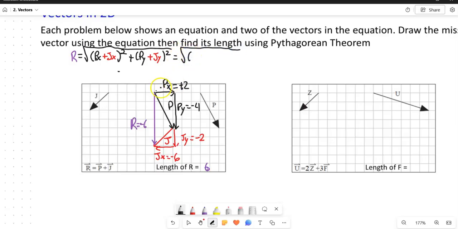the px vector is +2, but the jx vector is -2. I don't know why I put a 6 there. That should be -2. So this is going to be 0 once we square that.